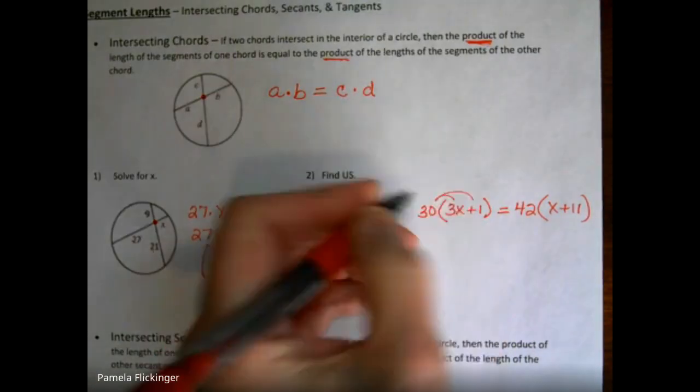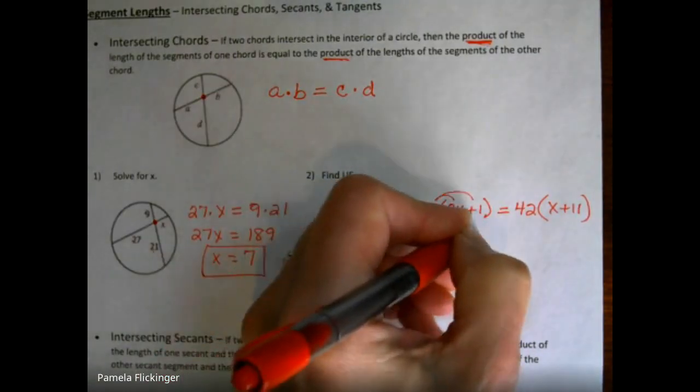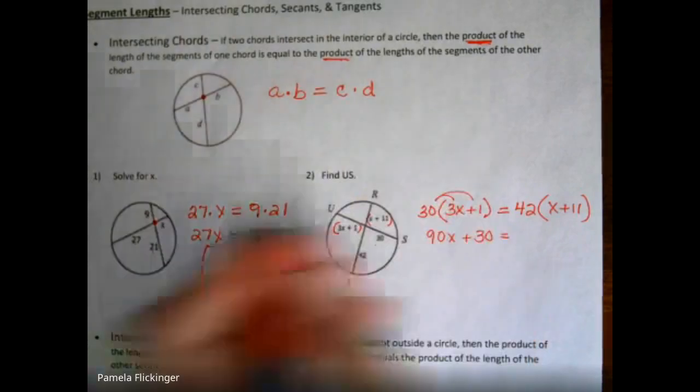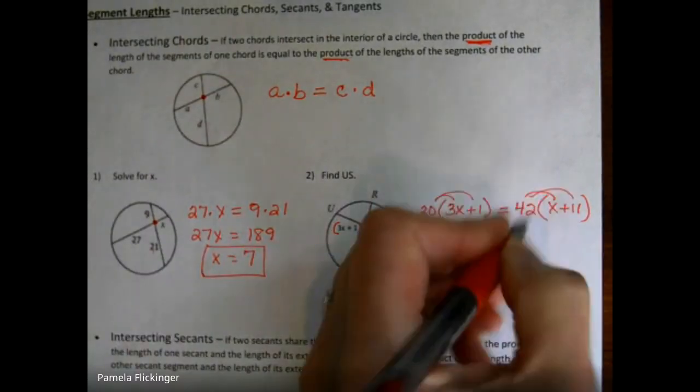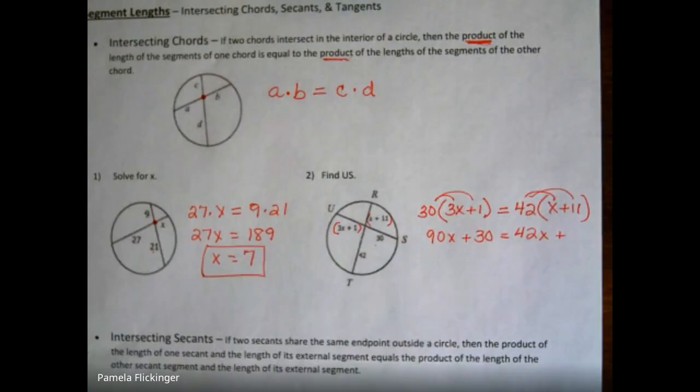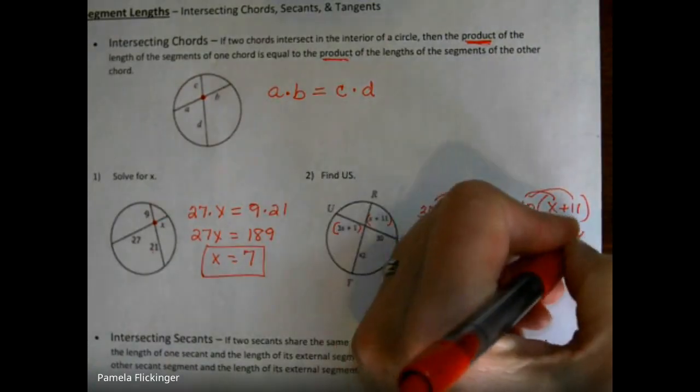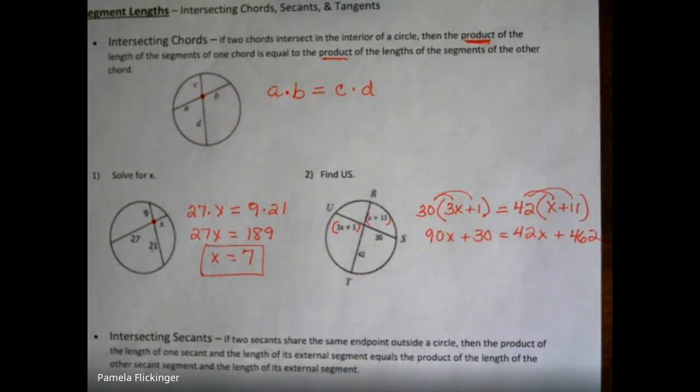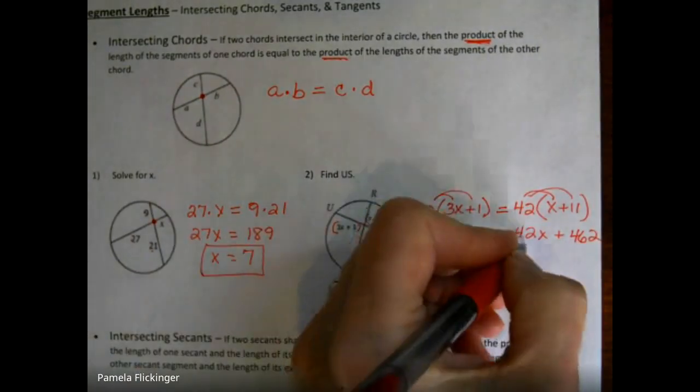So we're going to have 90x plus 30 on the left equals 42x plus 42 times 11 is 462. And then we'll get the x's on the same side.